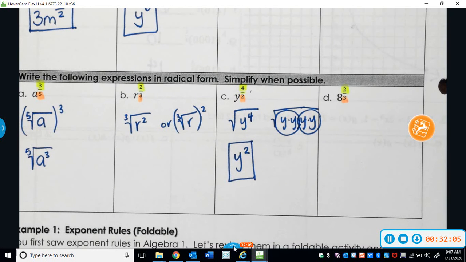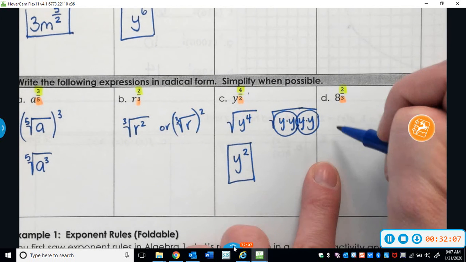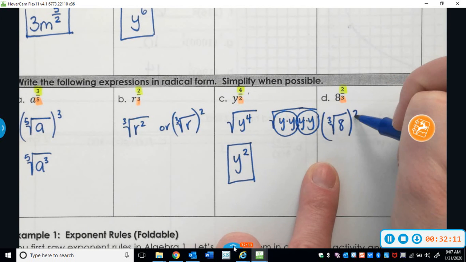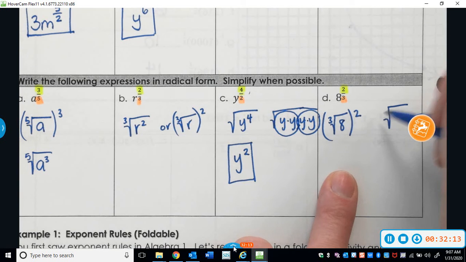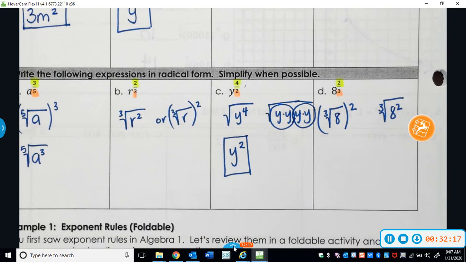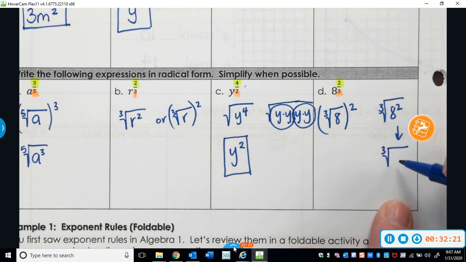All right. For the last one, you could have written this as the cube root of 8 squared, or you could write this as the cube root of 8, squared. But you're going to get the same answer either way, because if I work on this one, what is 8 squared? 64. And what is the cube root of 64?